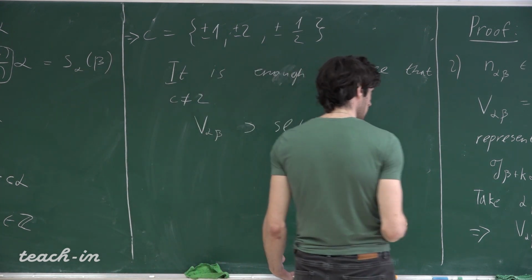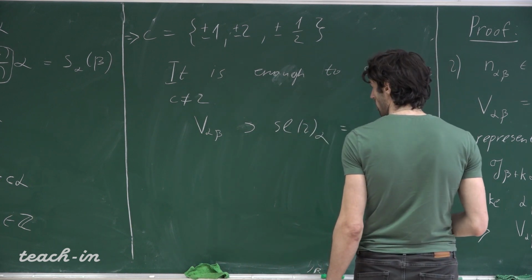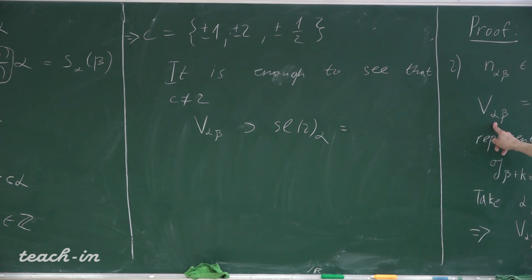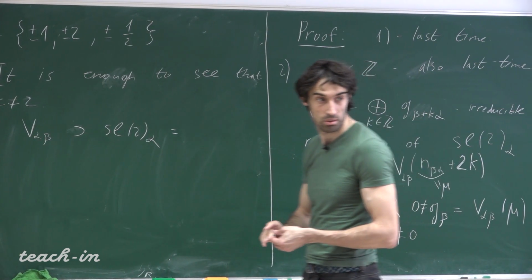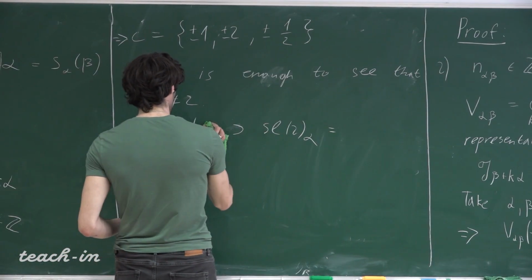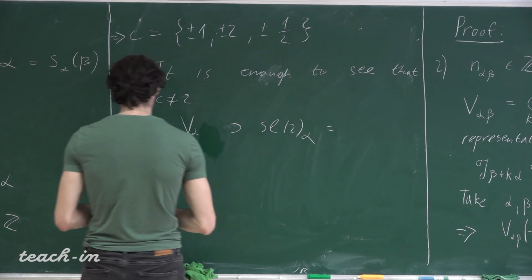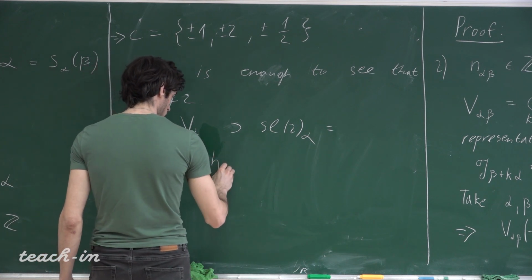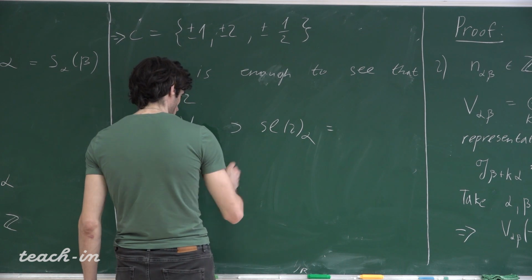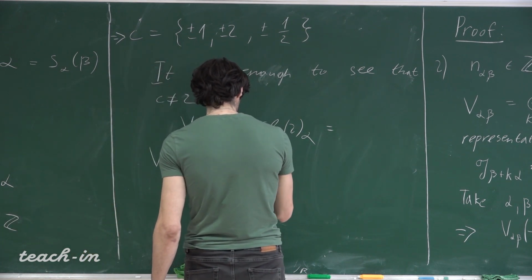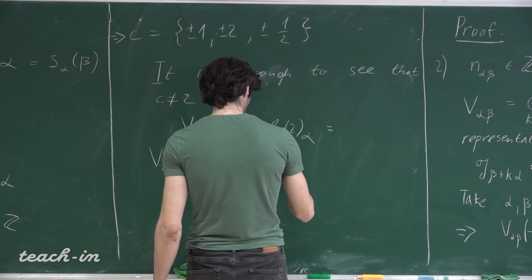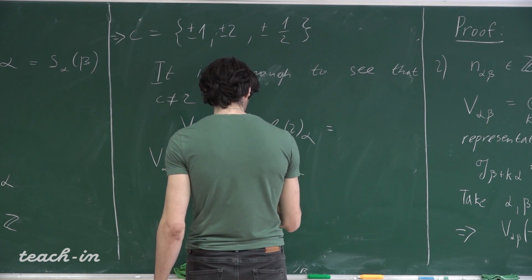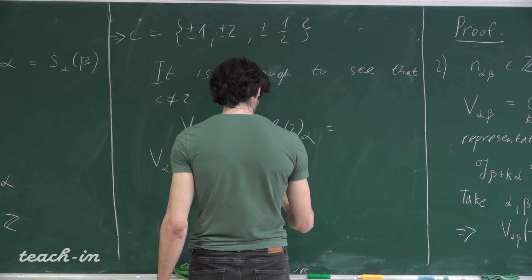Let's recall that V alpha is CH alpha plus the direct sum of G K alphas, where K runs over Z minus 0.